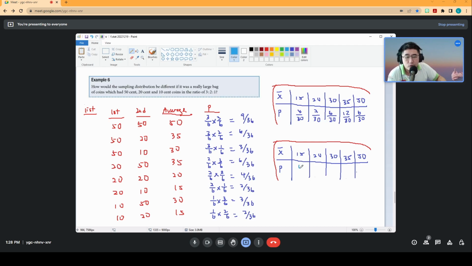I have a total of 4 over 36. I have 20 here. 20 is just 4 over 36. Okay, 30 here. 30 and 30, 3, 3. I have 6 over 36. Okay, 35, I have 12 over 36. Okay, 50, I have 9 over 36.